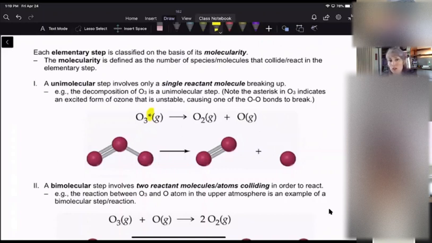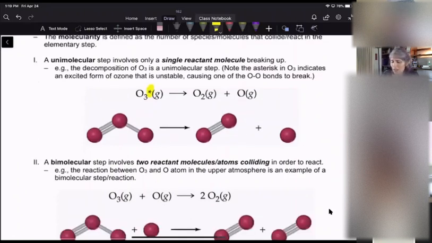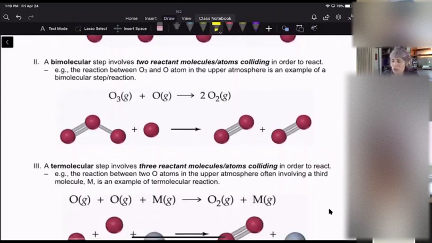But that's just the ozone breaking down on its own at that point. So that's unimolecular, just one thing. So that would be like a first order in ozone. It would be unimolecular. If it's bimolecular, then there's a collision between two molecules.